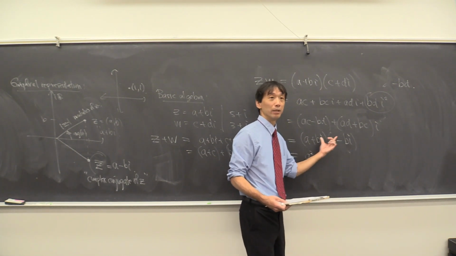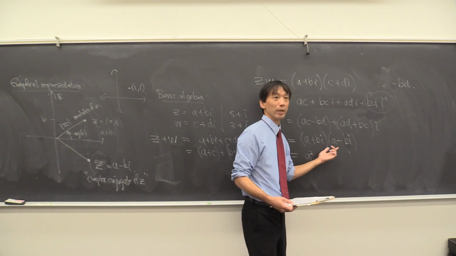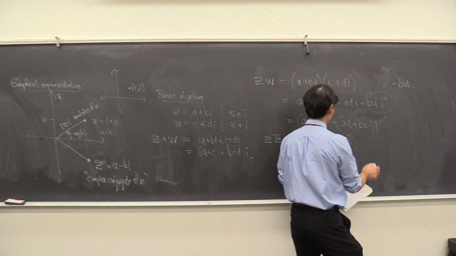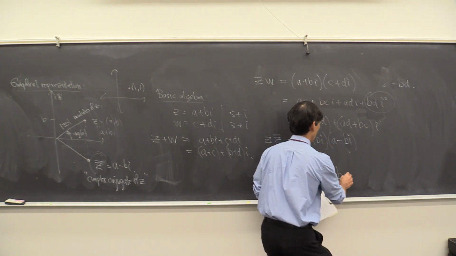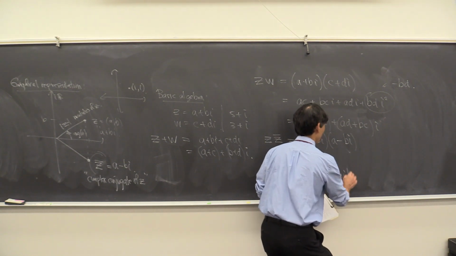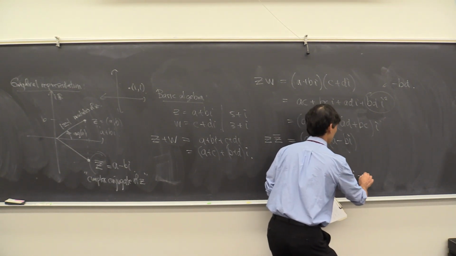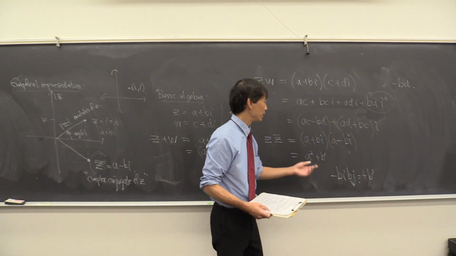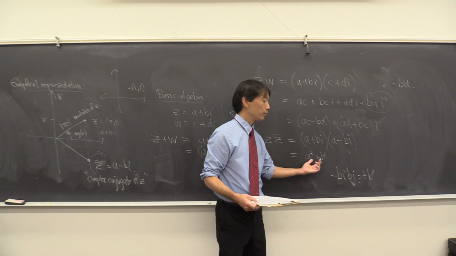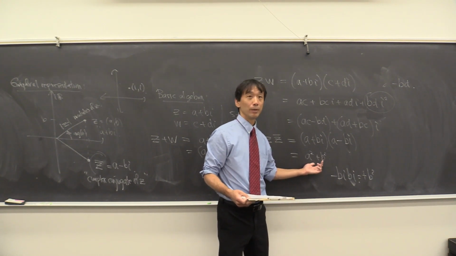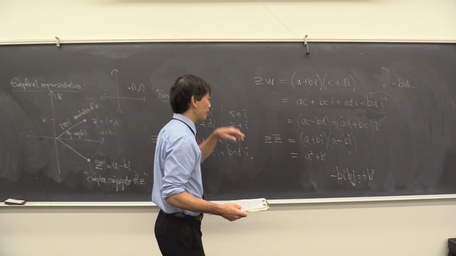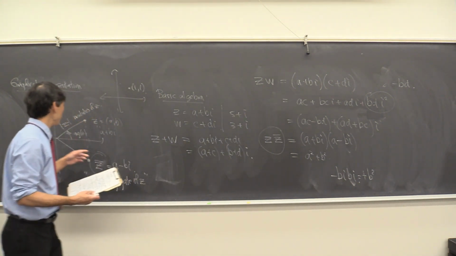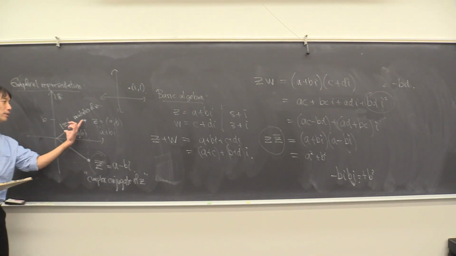But I squared is negative 1, so we're just going to get B squared. So we get A squared plus B squared.